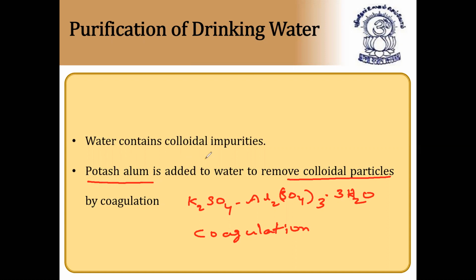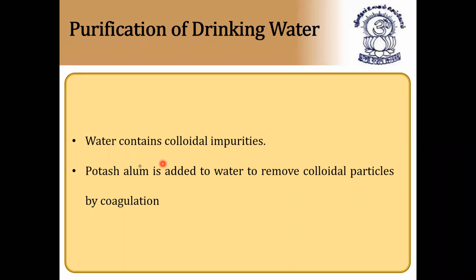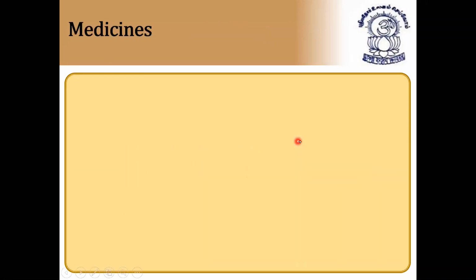You can even add this alum to the overhead tank of your apartment. The impurities in the water will get attracted to it, form precipitates, and those precipitates can be easily filtered off. I hope it is clear.